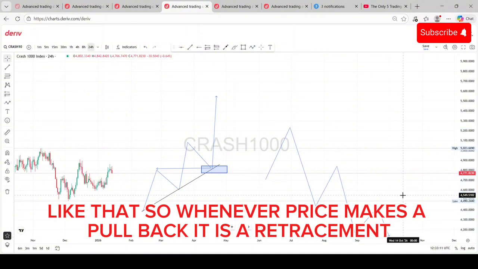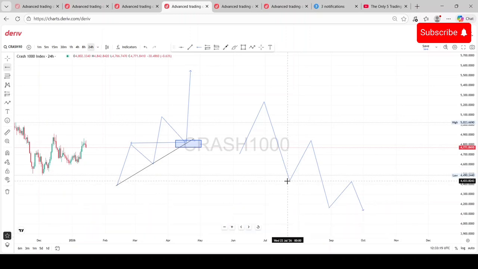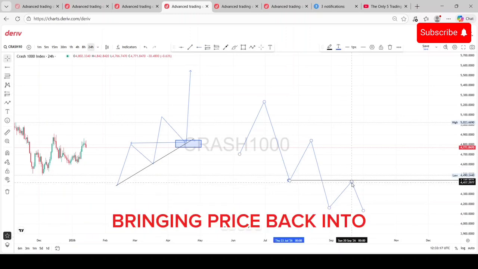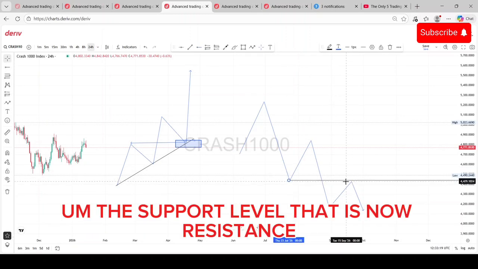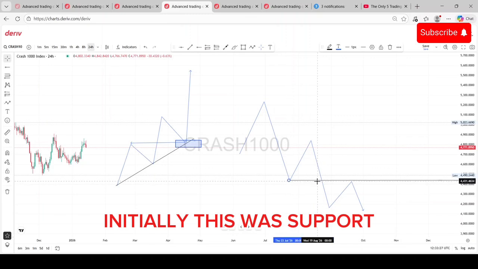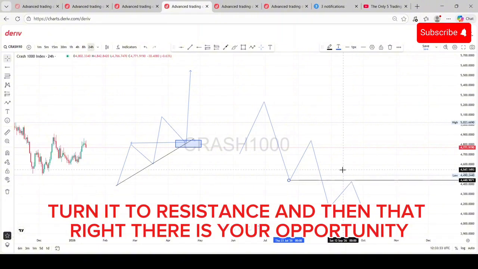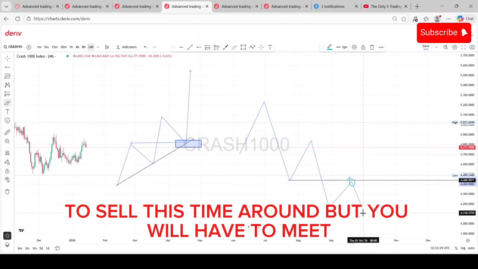Whenever price makes a pullback, it is a retracement, bringing price back into the support level that is now resistance, right? So you can say that price pulls back into resistance. Initially, this was support, but you wait for price to break that support, turn it to resistance, and right there is your opportunity to sell this time around.